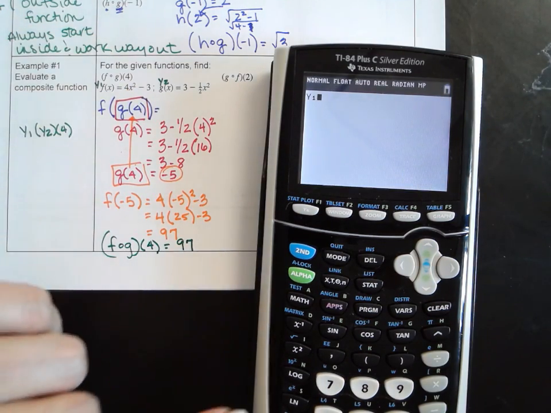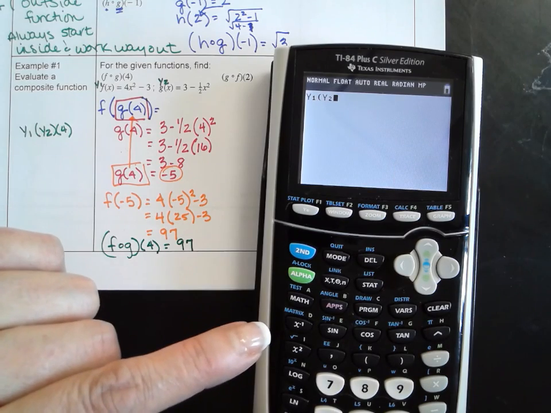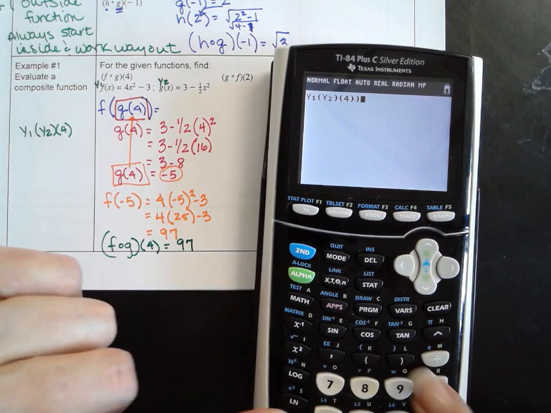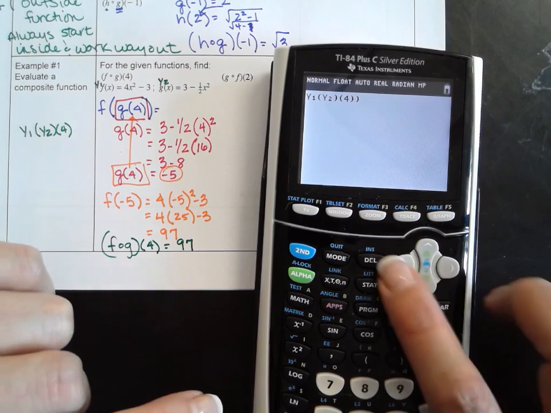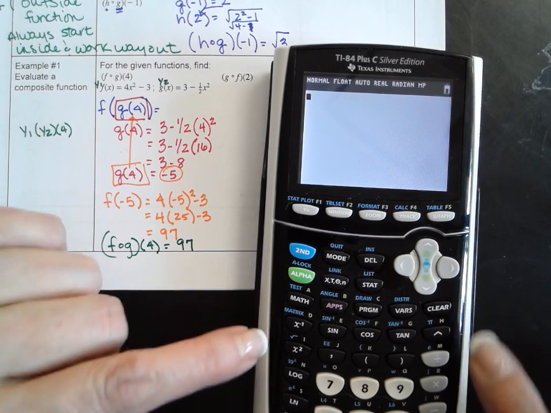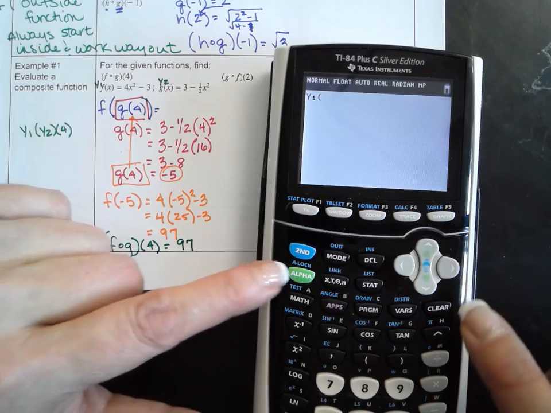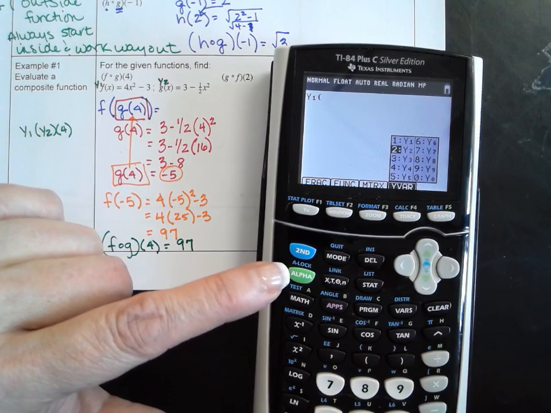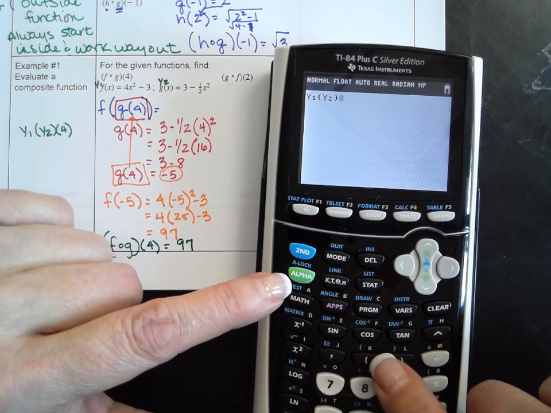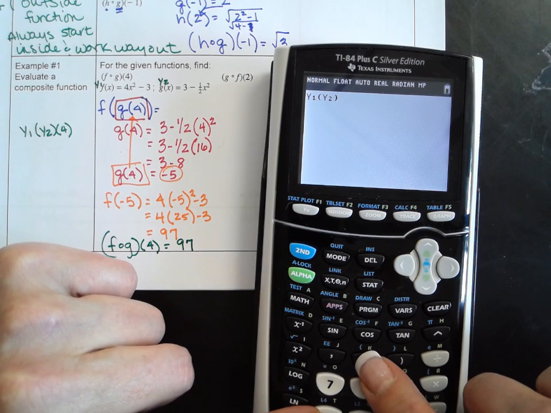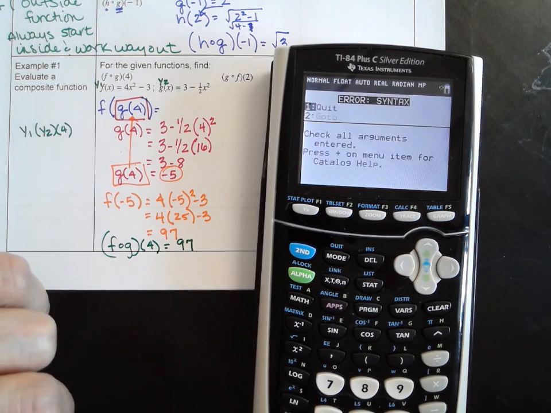So I'm going to pick y1, and I'm going to say I need y2 of 4. I don't have a parenthesis in there somewhere. Oops. All right, trace y1 of y2 of 4.